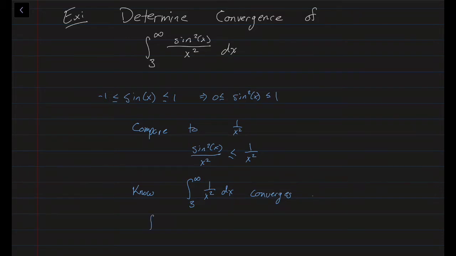So since the integral from 3 to infinity of 1 over x squared converges, and 1 over x squared is always bigger or equal to sine squared of x over x squared, that tells us that the integral from 3 to infinity of sine squared of x over x squared also converges.